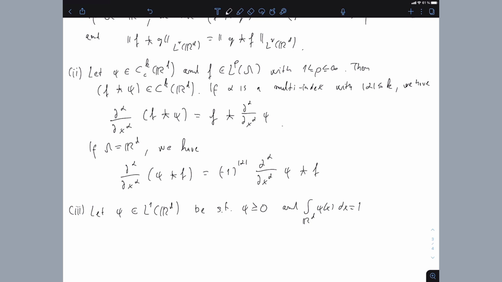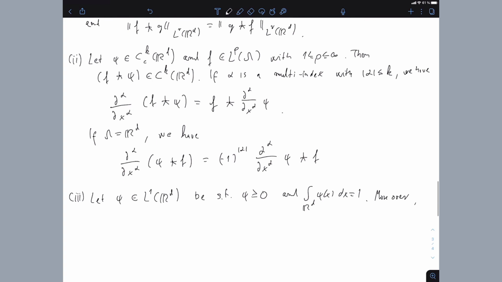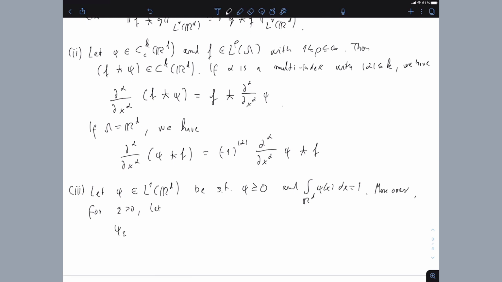So it has mass 1 and is non-negative. Moreover, for epsilon bigger than 0, we look at psi epsilon, which is a scaled version of psi.